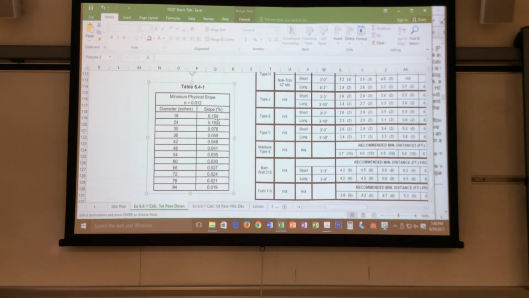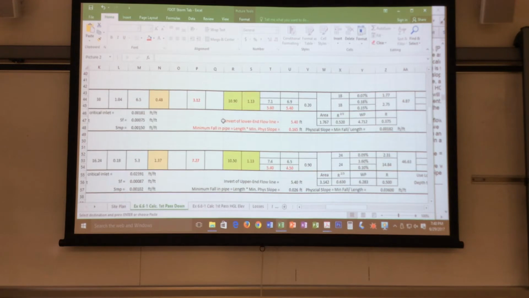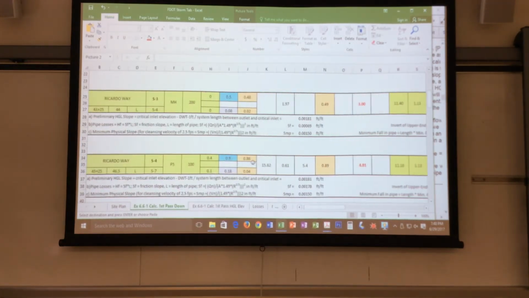So that's 0.0015. Look what we calculated based on 2 feet per second: 0.0015. So you can look at a table or you can type in a formula. I'm big on formulas, and I'd rather do a formula than a graph or a table. At least I know where all the numbers come from.